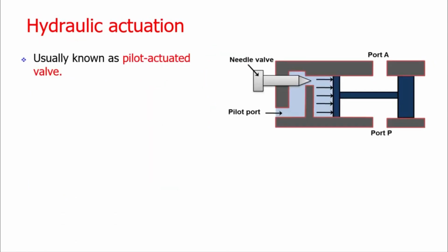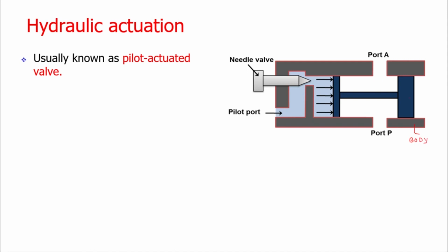We can also have hydraulic actuation. It is called the pilot actuated valve. In hydraulic actuation, we are applying hydraulic energy to operate the valve. A typical arrangement can be seen on your screen. So we have the body of the valve here, and inside the body of the valve there are internal spaces.